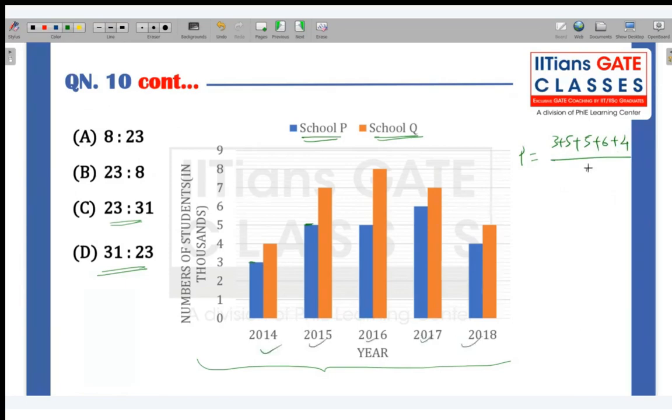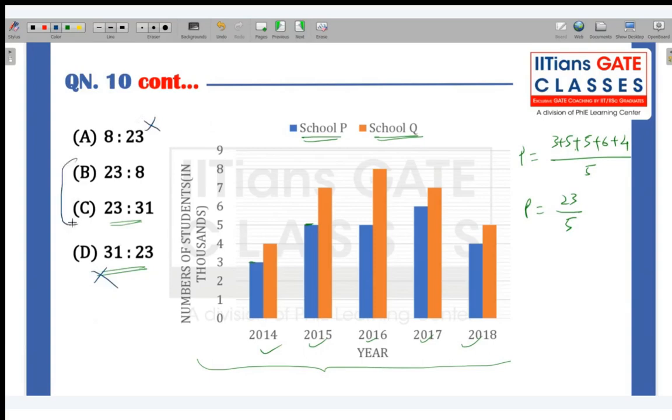So P is going to be 23 by 5. So 23 should be in the numerator, that is for sure. So this option is not going to be correct, and this option will not be correct either. Now the fight is between these two.